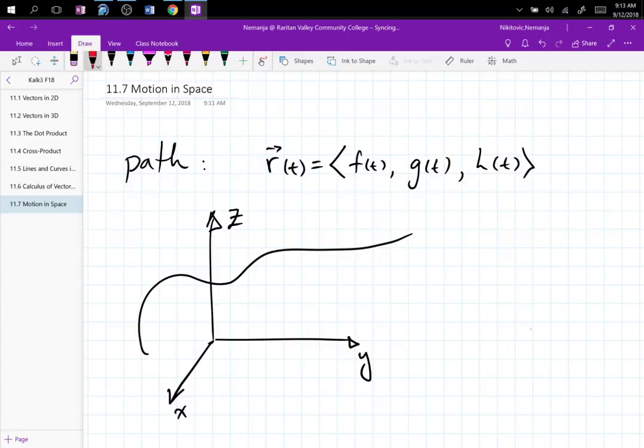So vector r points to a location at t equals some value.